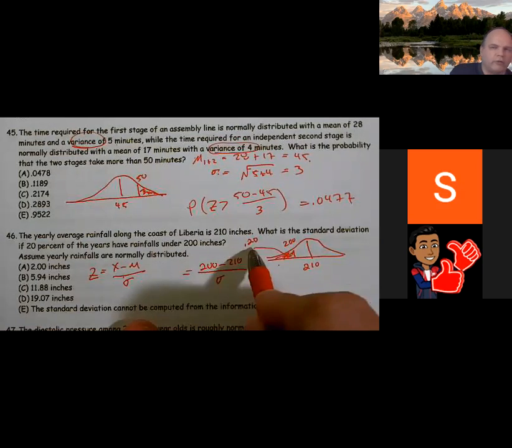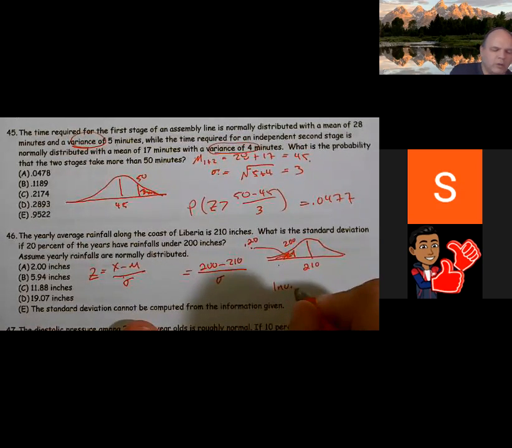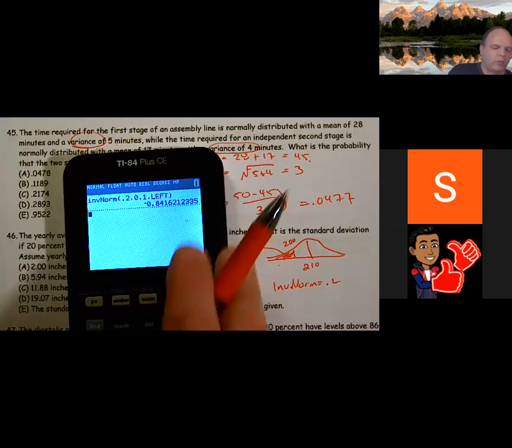Then I can do an inverse norm of 0.2. When I do that, second bars, inverse norm, 0.2, mean is 0, standard deviation 1, I get negative 0.8416.